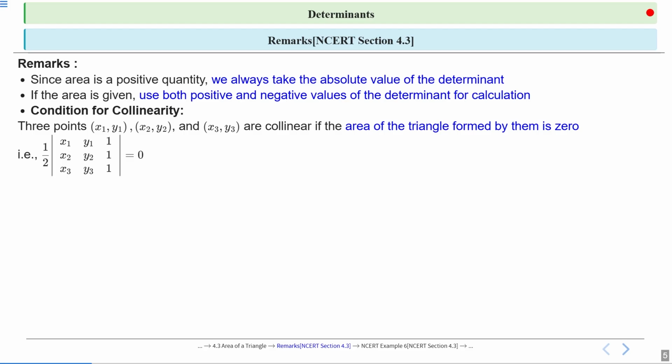So that's how we can find the area of a triangle whose vertices are these 3 points. Just calculate the determinant of this matrix, and if it is 0, then all 3 points are collinear. So the condition for collinearity is that the determinant of the matrix x1 y1 1, x2 y2 1, x3 y3 1 is 0, then the points are collinear.